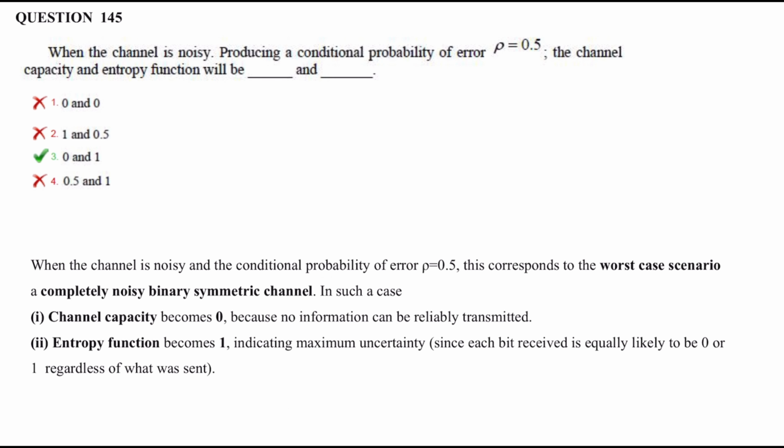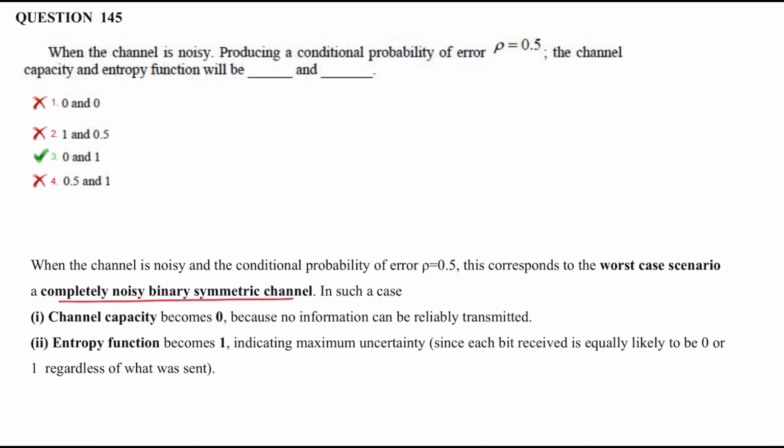Next question. When the channel is noisy, producing a conditional probability of error 0.5, the channel capacity and entropy function will be dash and dash respectively. When the channel is noisy and the conditional probability of error is 0.5, it corresponds to the worst case scenario, that is a completely noisy binary symmetric channel.